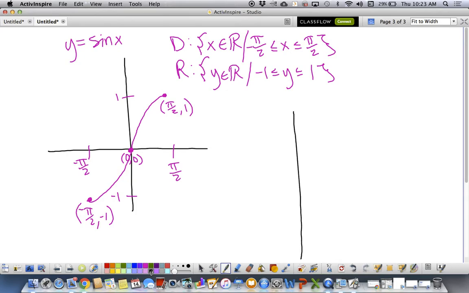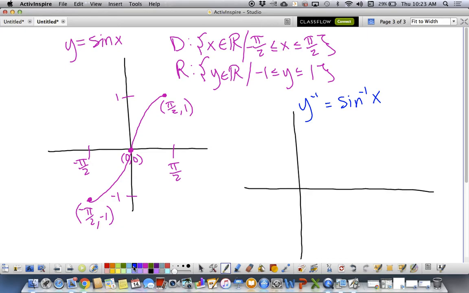So over here, obviously, we are going to now graph sine inverse, or sine negative 1. I want you to graph the inverse sine.